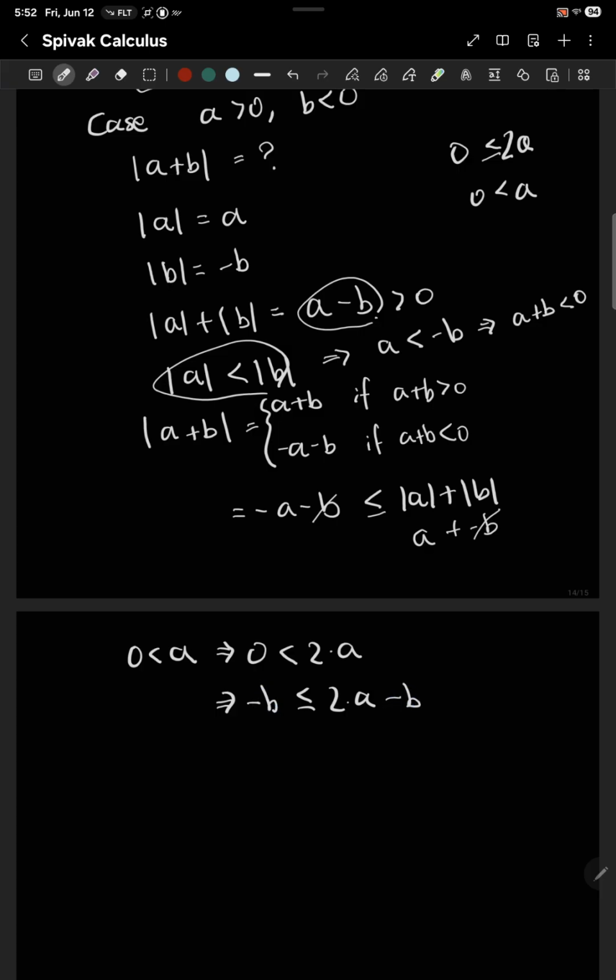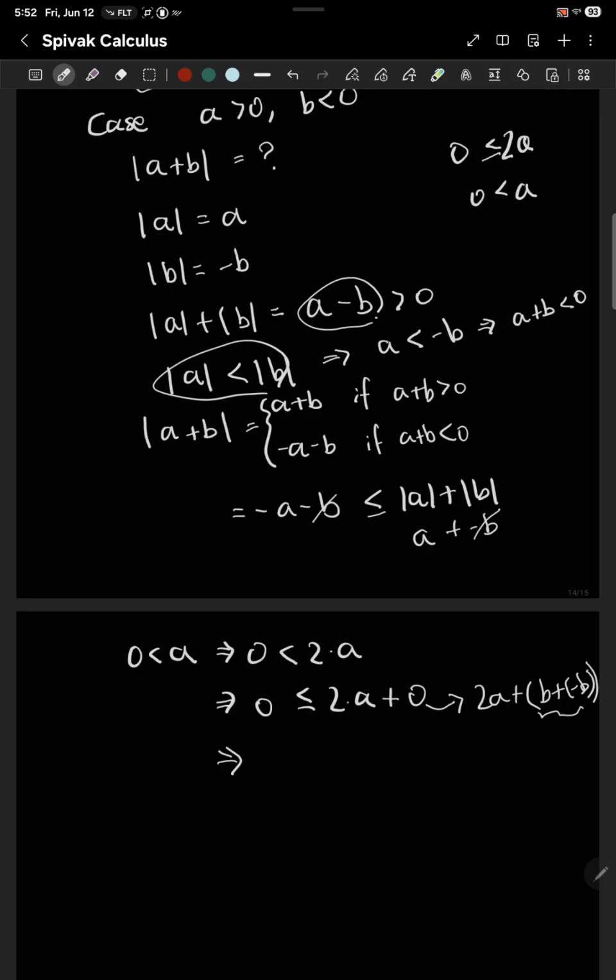This means that when you're adding the same thing on both sides, the inequality still holds. Well, to be precise, we didn't have this adding things on both sides yet, so let's do this. 0 is less than or equal to 2a plus 0. And 2a plus 0 is basically the same thing as 2a plus b plus minus b, right? Negative b.